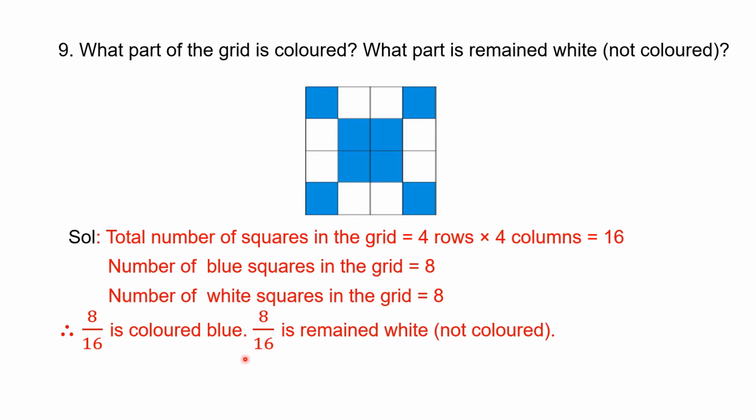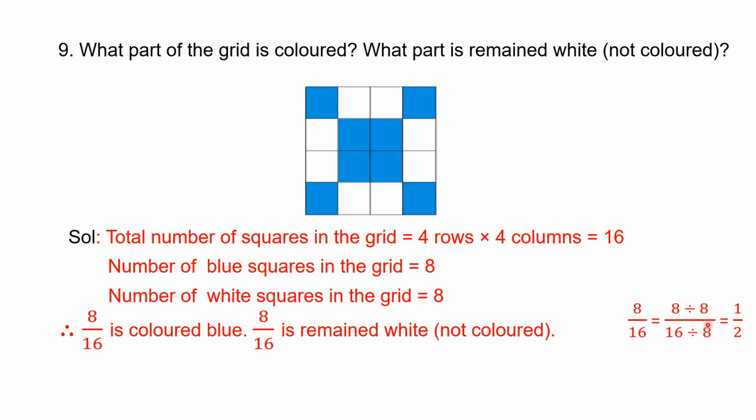Now let us simplify these two fractions. 8 by 16, it can be simplified like this. We have to divide the numerator and the denominator by the same number, 8.